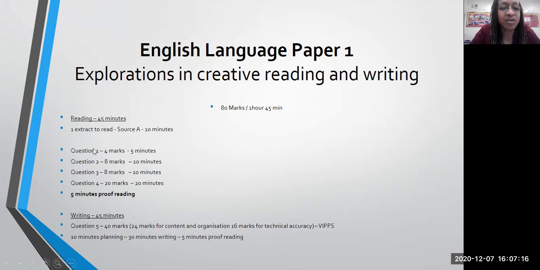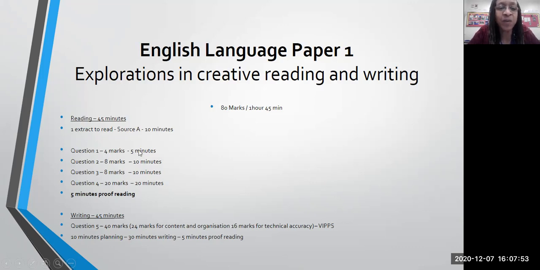If you look here, you can see that to read the extract, your source A, you should take at least 10 minutes, and then you break up the rest of your time by looking at the amount of marks awarded to each particular question. Question 1 is 4 marks, so you need about 5 minutes. Question 2 is 8 marks, so you need about 8 minutes. Question 3 again is 8 marks, so you need another 8 to 10 minutes. And question 4 is 20 marks, so it's 20 minutes.